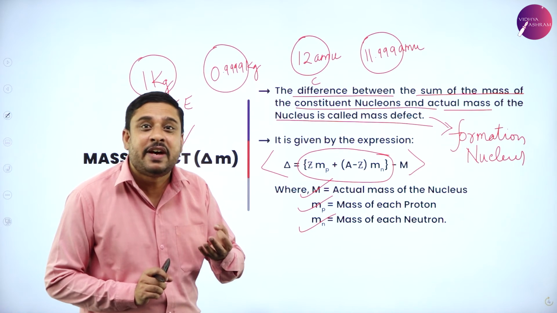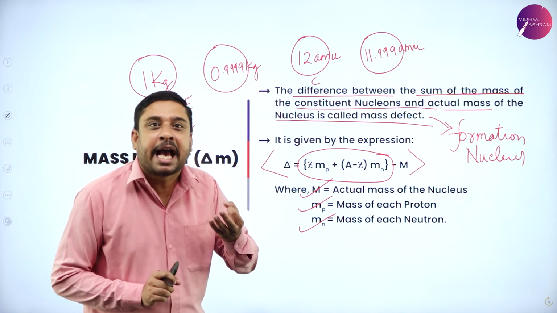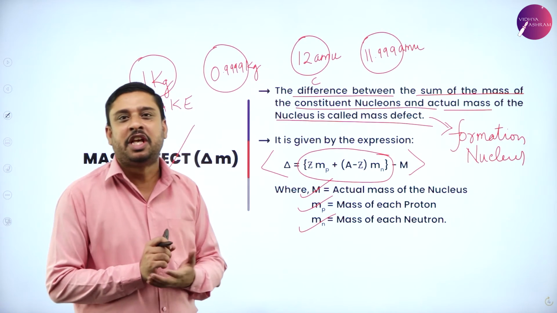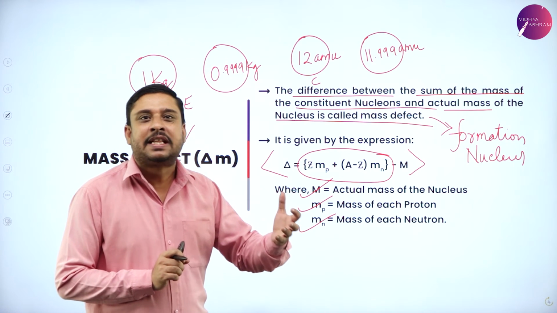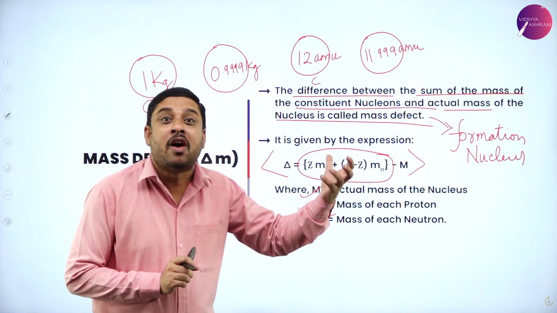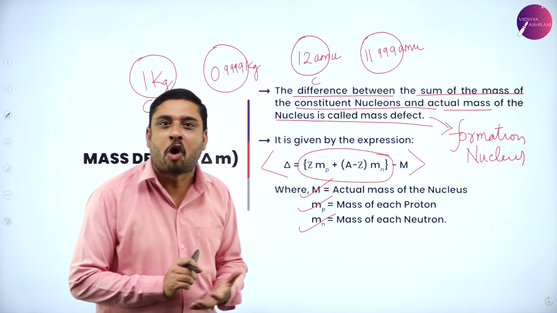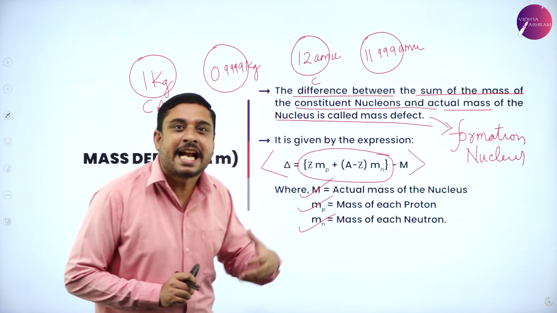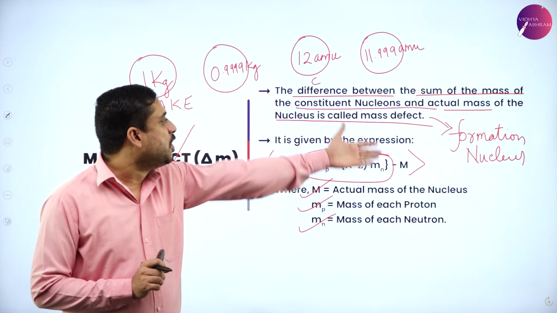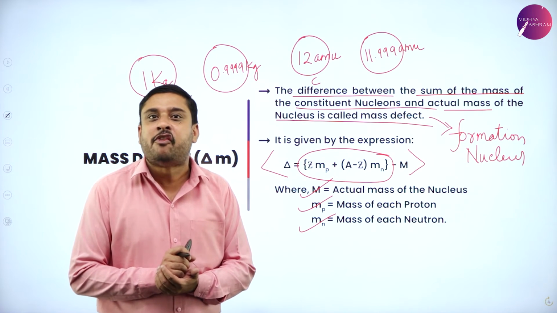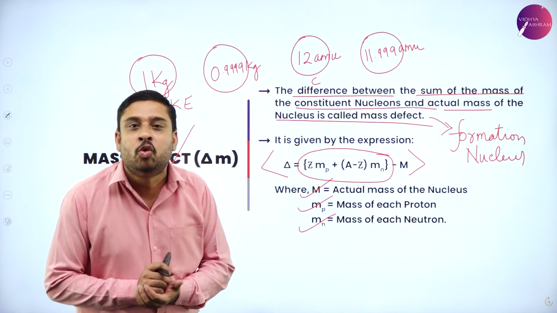It is the difference in the actual mass of the nucleus with the mass of its constituent nucleons. Where is that missing mass going? Utilized for the formation of the nucleus.